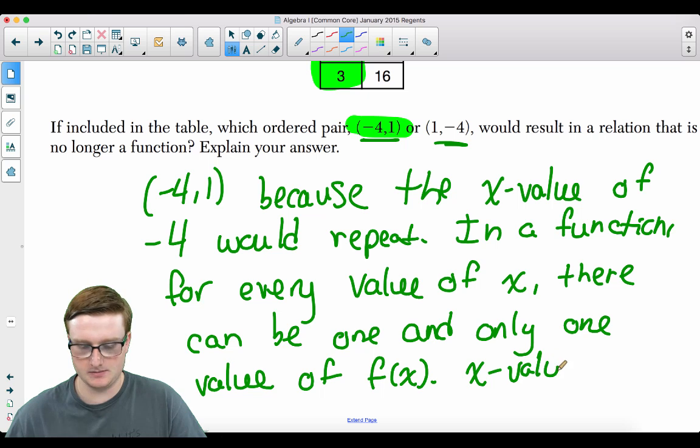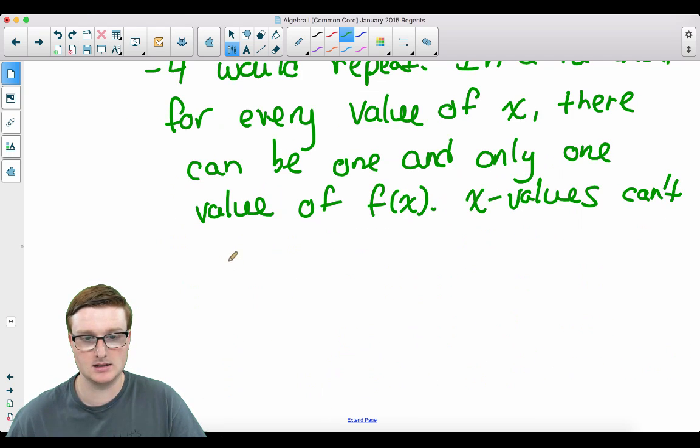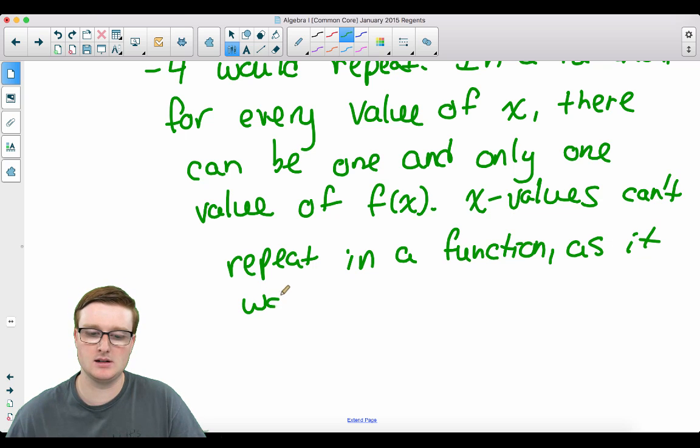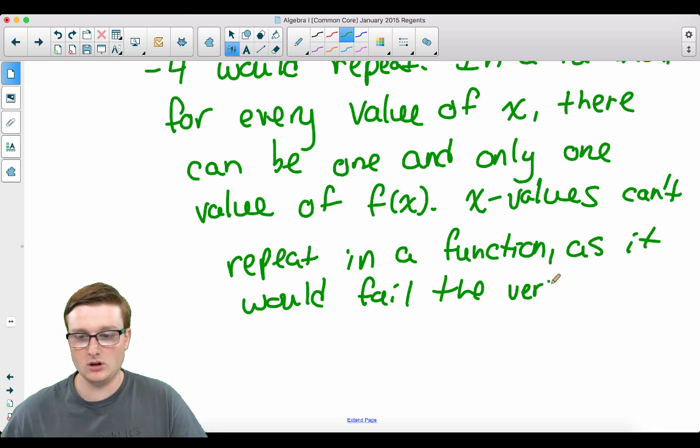X values can't repeat in a function, as it would fail the vertical line test.